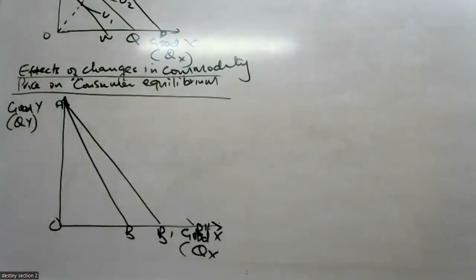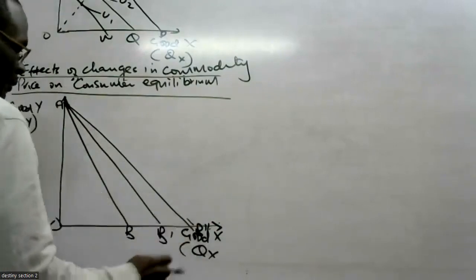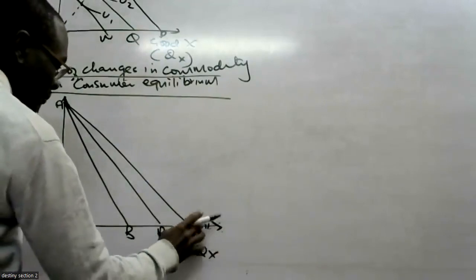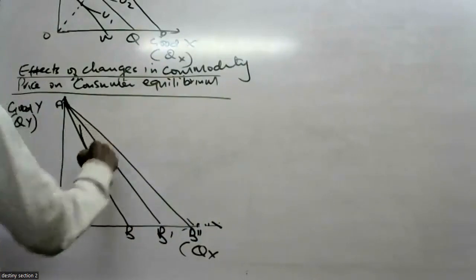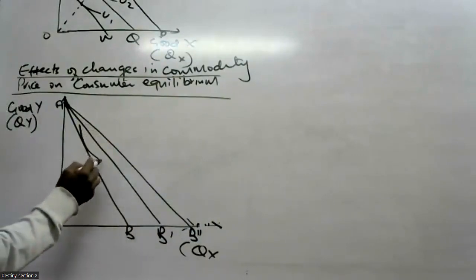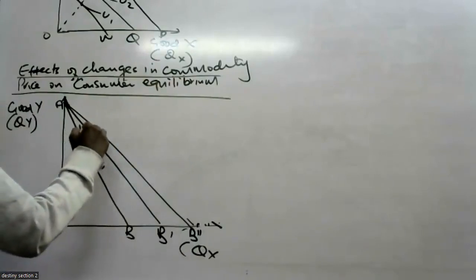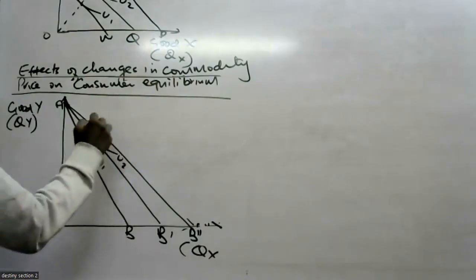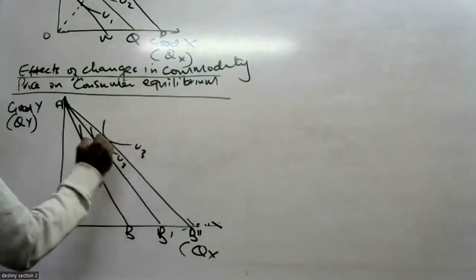So this is AB prime, AB double prime. Here you have your first curve, which you can call U1, and this is E1. Then you have another indifference curve, U2, and this is E2, and another one, U3, and this is E3.